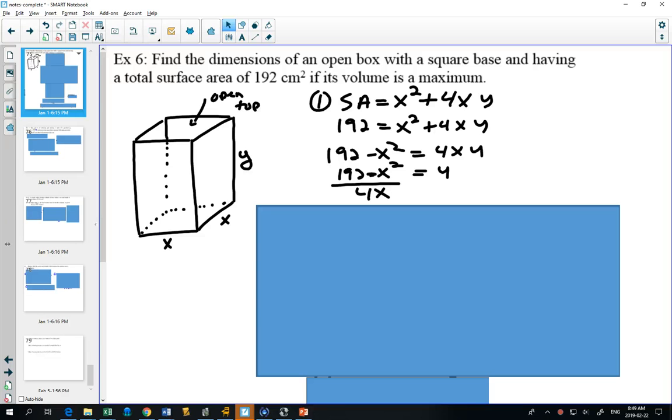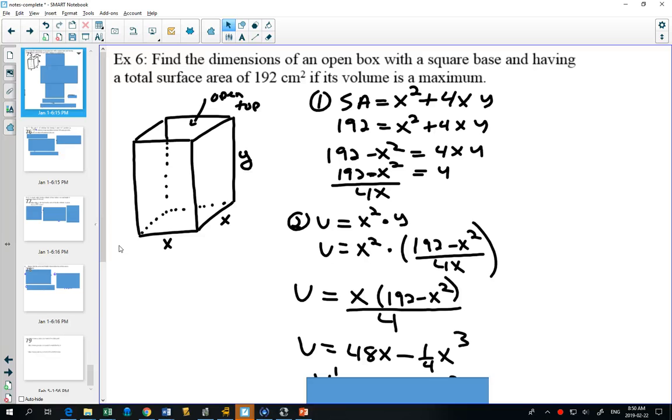Thank you. So our surface area would be the bottom x squared plus 4 sides that are 4xy. Now, I might also write out right away this volume equals x squared times y. I need to make an equation that's volume equals, but I want only one variable. So I have to say, is there an easy way when I look at my other equation to get y by itself, or is there an easy way to get x by itself?